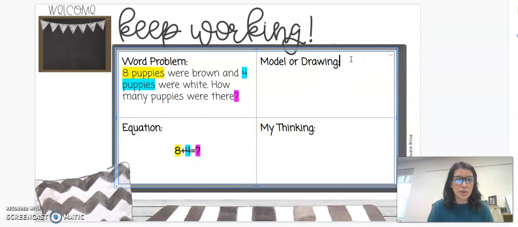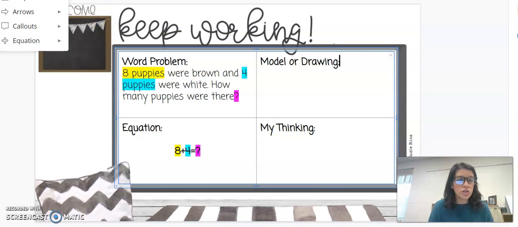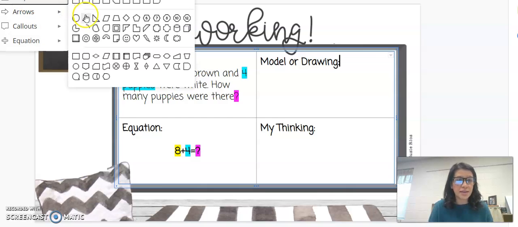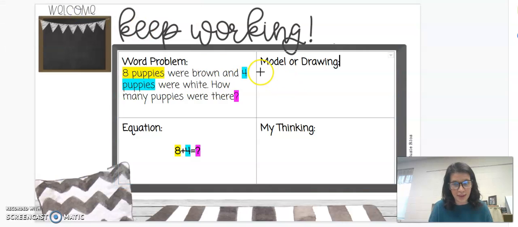Today, I'm going to use a drawing model on our graphic organizer. It says, at the beginning, there were 8 brown puppies. So remember when we use quick picks, we quickly pick something to help us see it. So instead of drawing real life puppies, I'm just going to draw 8 circles.